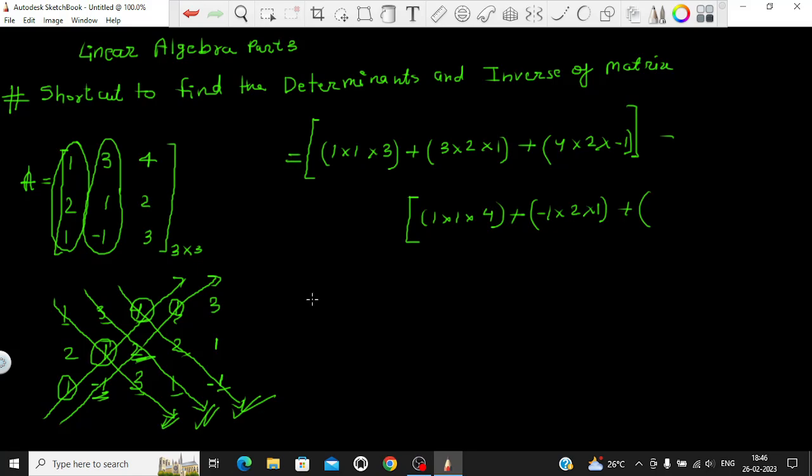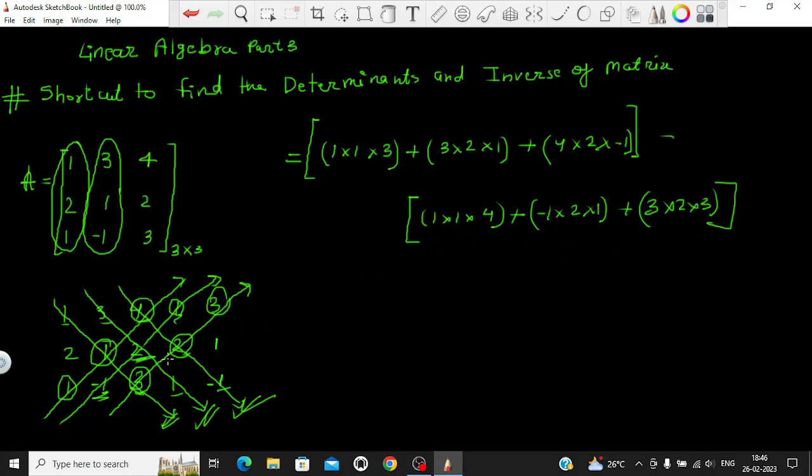Then similarly you draw an arrow pointing upward. The elements falling are 3, 2, 3. So just multiply it, 3 into 2 into 3, and close the bracket.